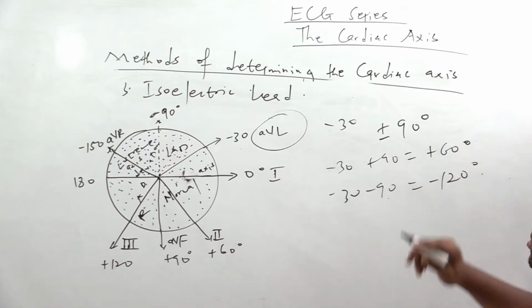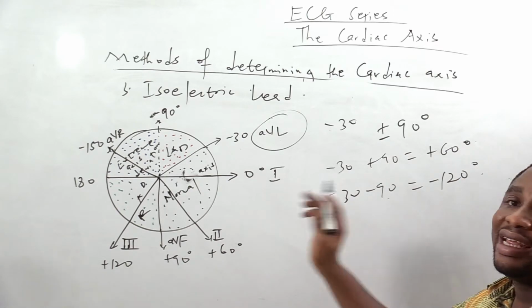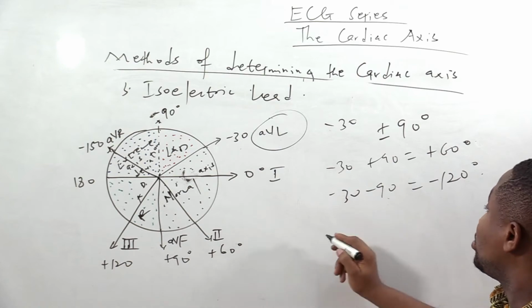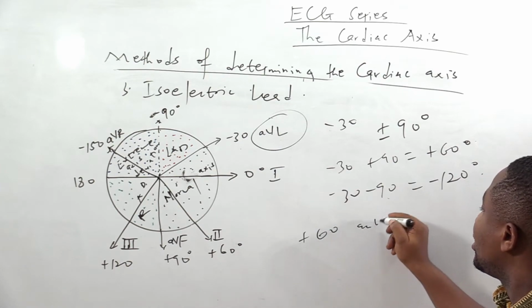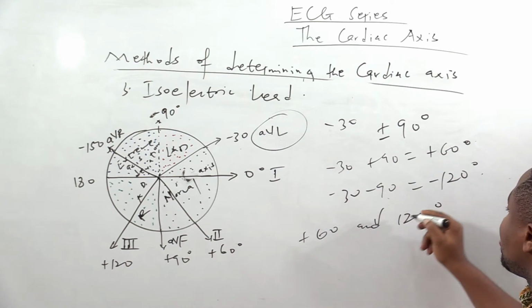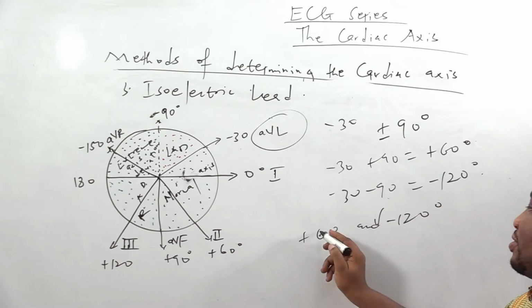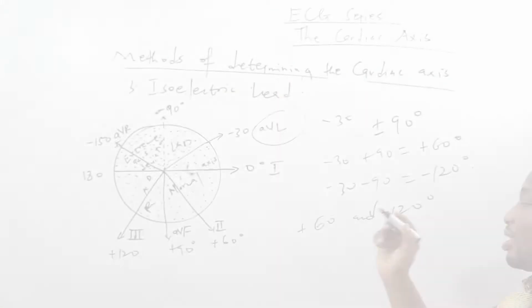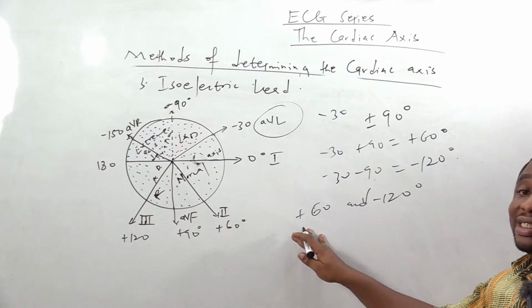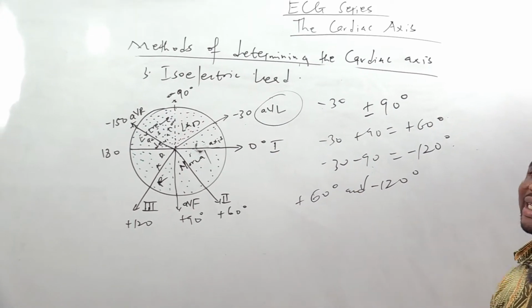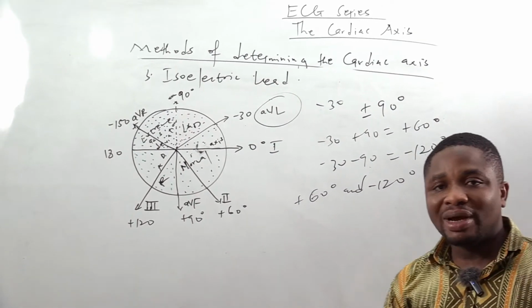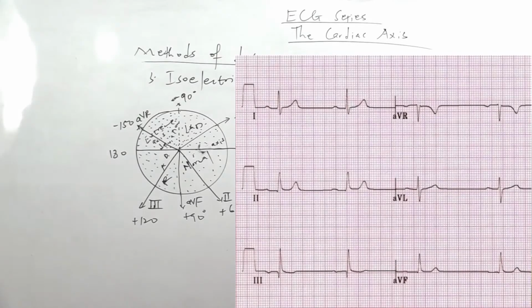So it means that in that case, the cardiac axis is going to fall between plus 60 degrees and minus 120 degrees. Now let's go back and look at the ECG graph. Looking at the ECG graph, you will notice that in lead 1, the QRS complex is positive.